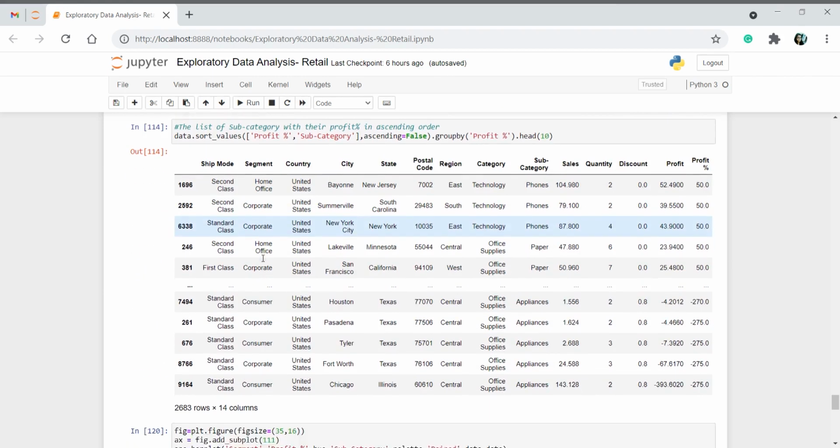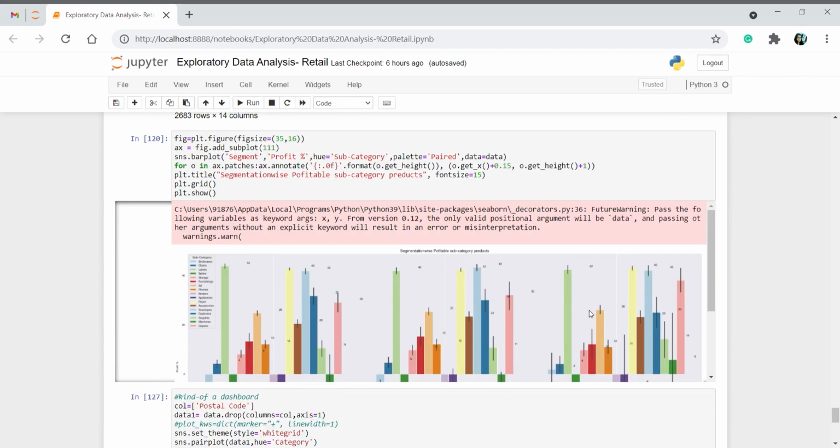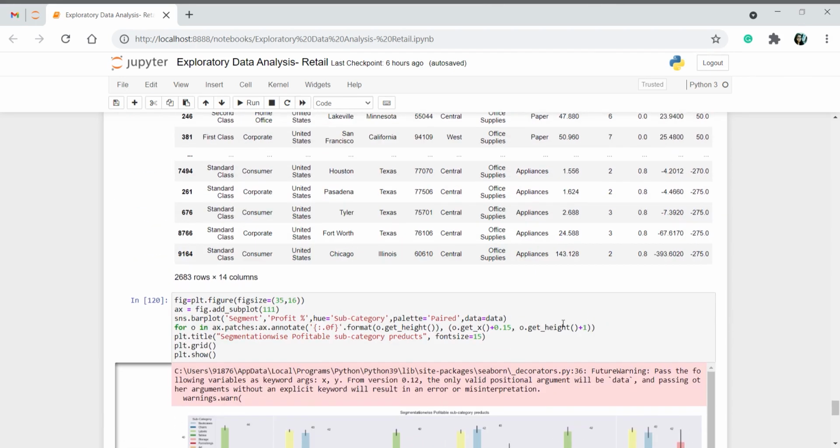Here we are actually trying to list out the subcategories with their profit percentage in ascending order, and we can see that the phones from New Jersey produce the maximum profit.